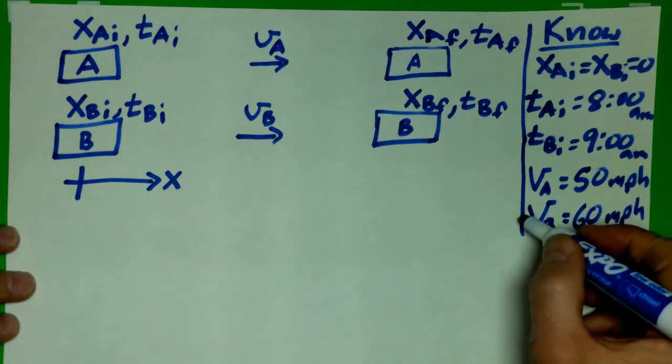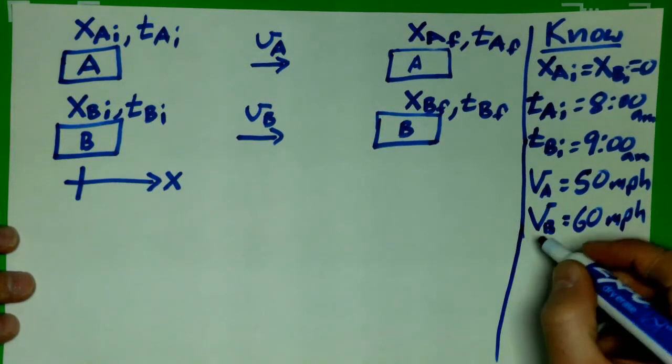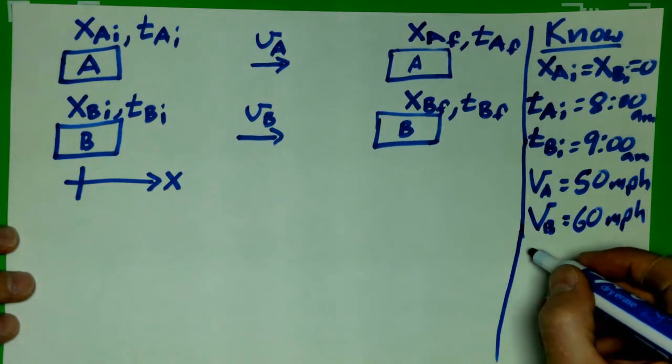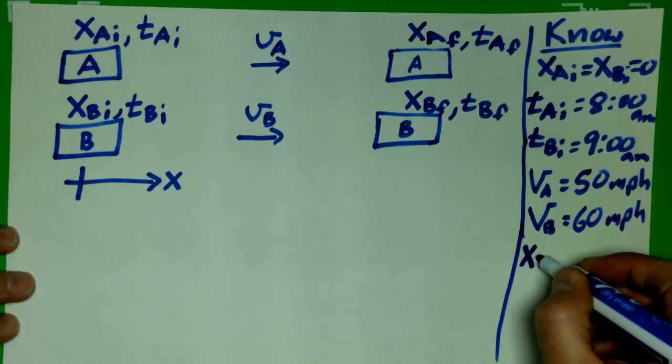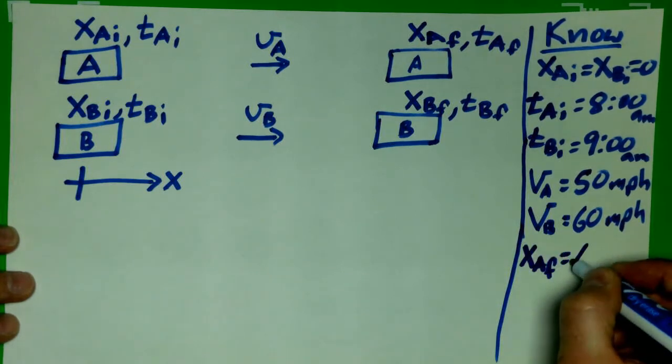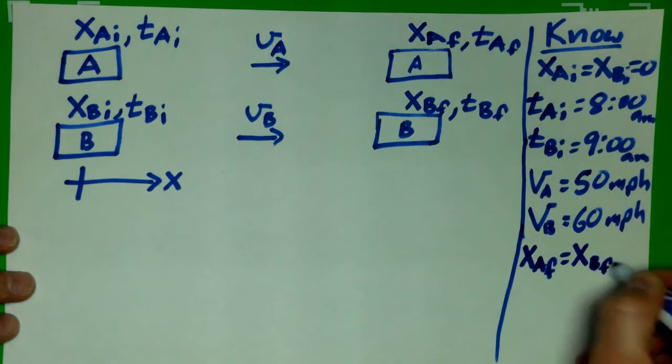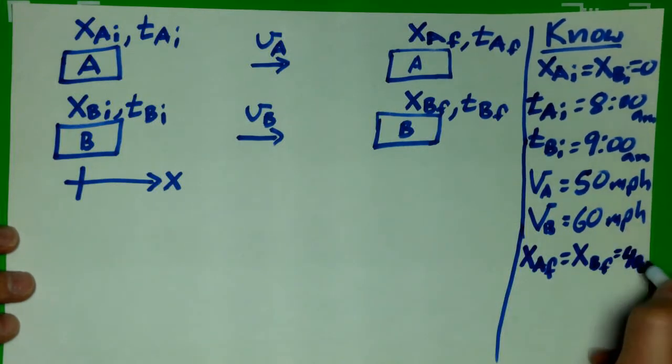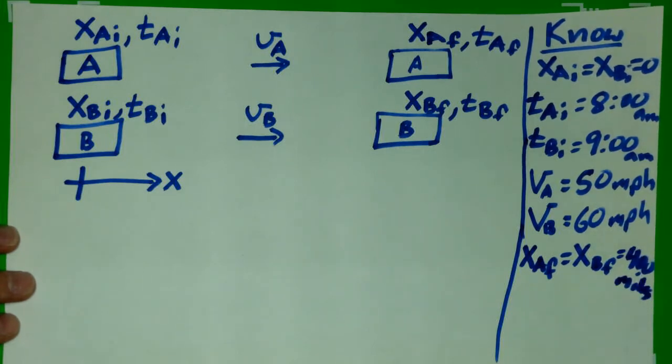You both get to San Francisco, so you both have the same final position, and that's 400 miles away, since we chose Los Angeles to be 0.